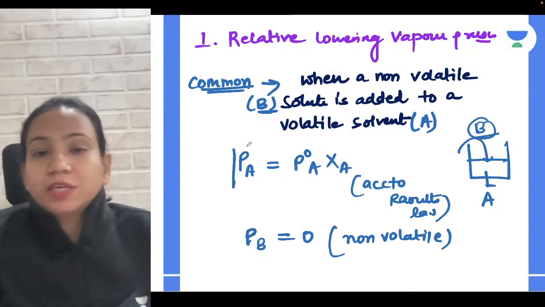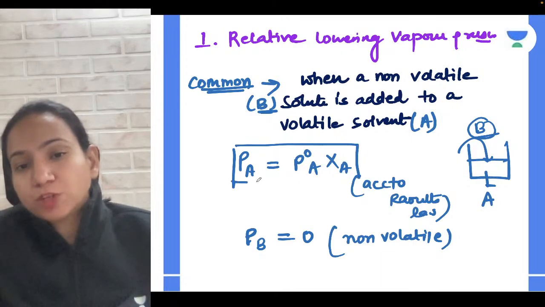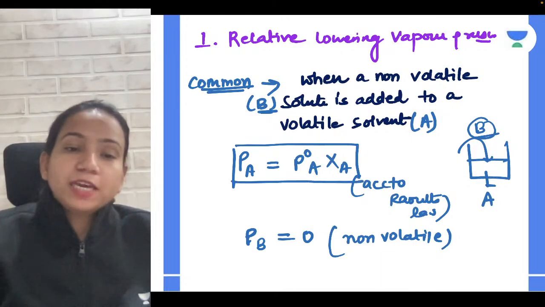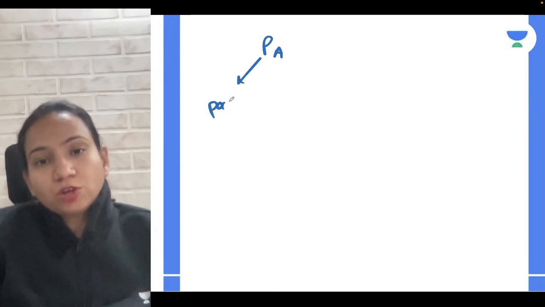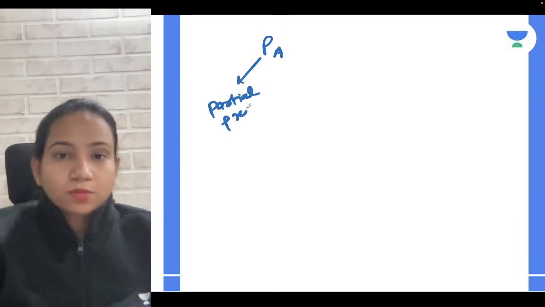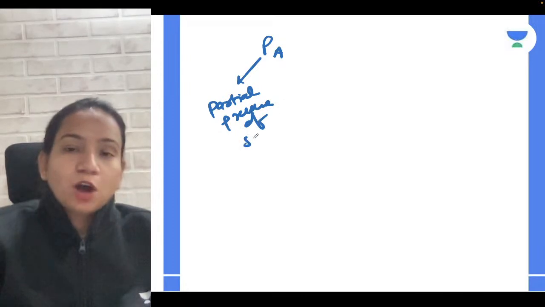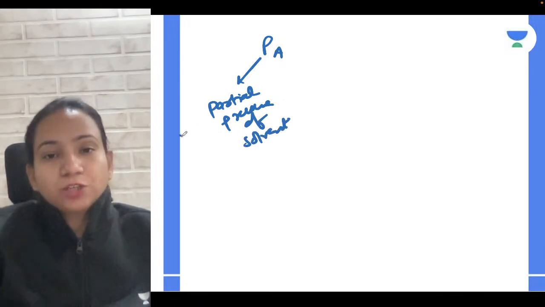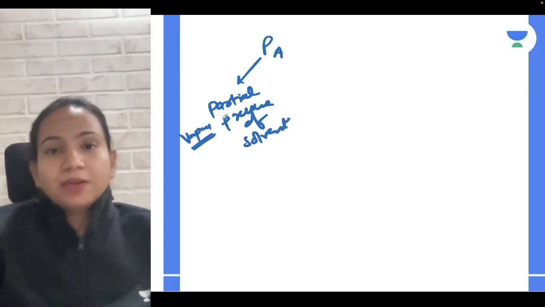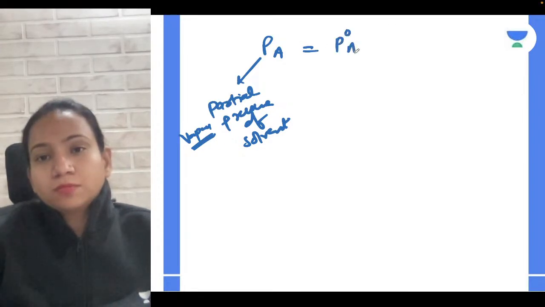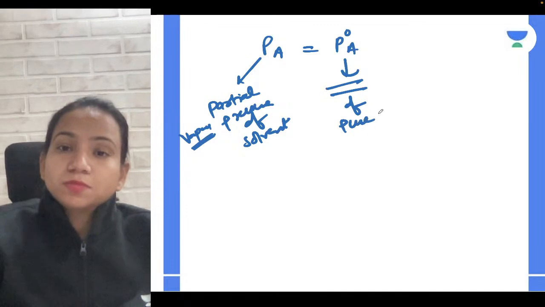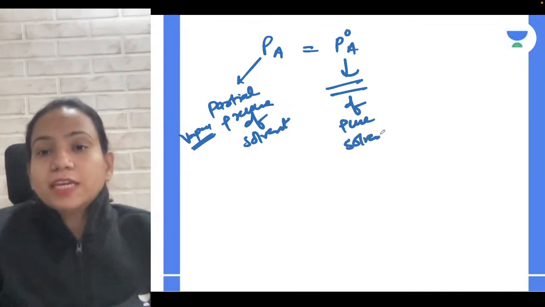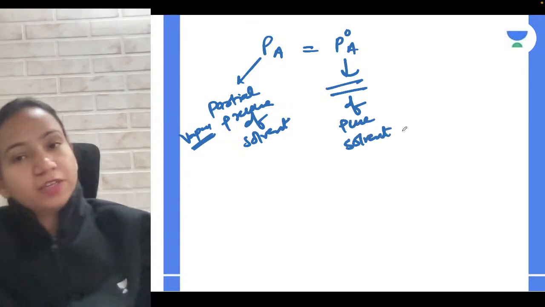And for the solvent, we can write this expression according to Raoult's law. What are PA, P0A, XA? PA is the partial vapor pressure of the solvent. P0A is the vapor pressure of the pure solvent, like when you are not taking it in the mixture, just taking the solvent and checking.